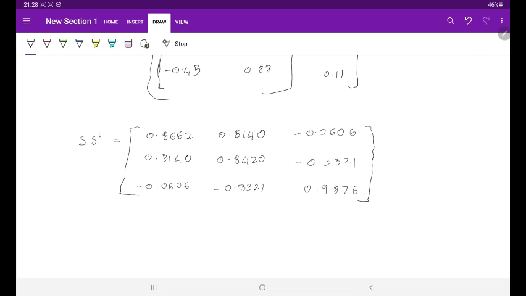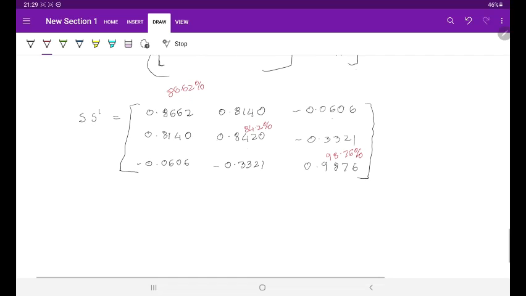The communality consists of the diagonal elements of this matrix. That is, the first two principal components explain 86.62% for the first variable, 84.2% for the second variable and 98.76% for the third variable. That is, the first principal components are explaining these amounts from the diagonal of this matrix.